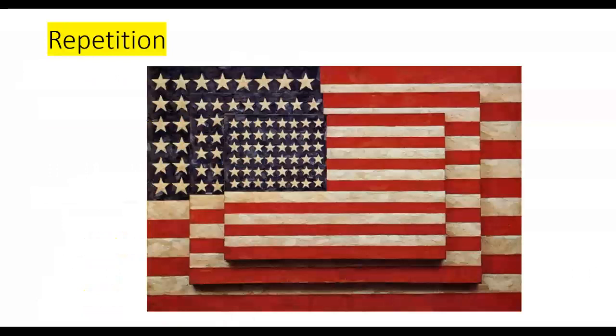So repetition, in this case, you've got some two-dimensional repetition because the stars are painted on these boards here. You've got 3 different boards. The stripes are painted on. That's repetition in 2D art. But in the 3-dimensional realm, you've got these 3 boards.